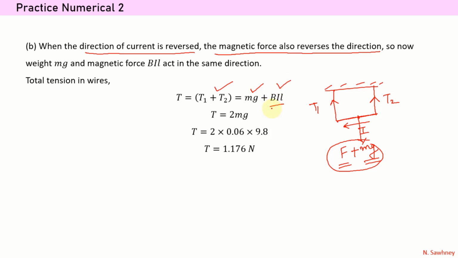But as we have calculated in the first part, this magnetic force is equal to mg. So putting this value here, total tension T becomes 2 mg. Putting down the value of m and g, we have obtained the tension as 1.176 newtons.